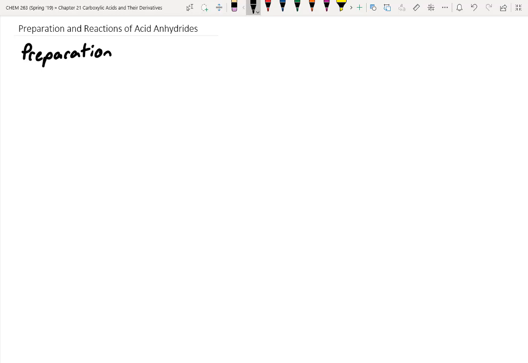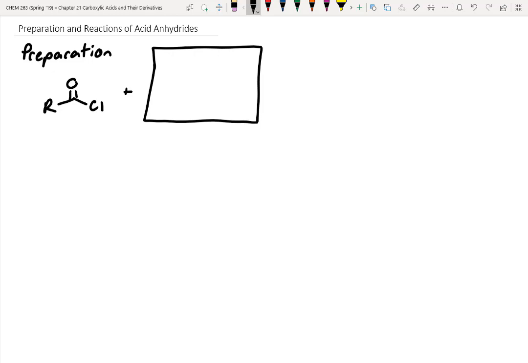Good thing is we already did most of the legwork with acid halides, so there's not going to be a whole lot new here. And like I said before, acid halides are super versatile. So there's one we didn't even cover yet, but we can use.